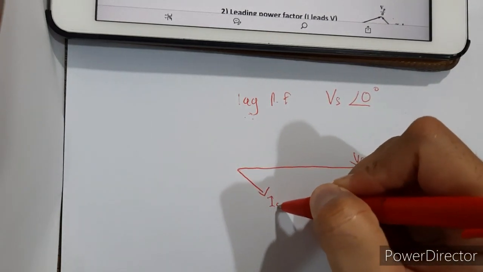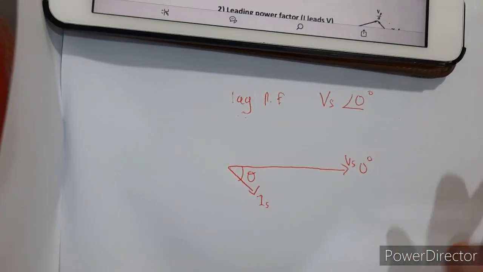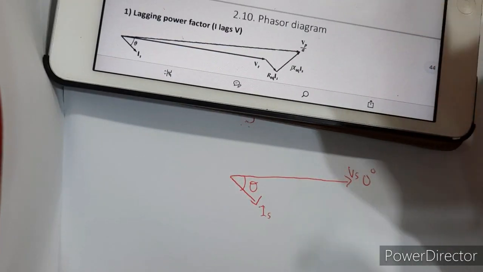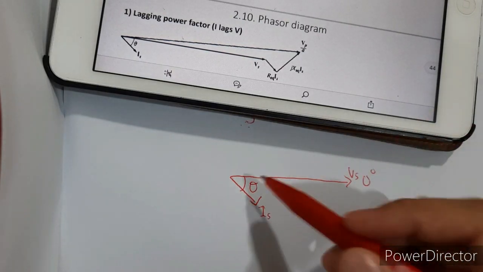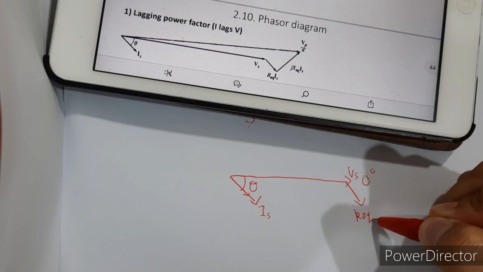This is IS, and theta is this one. And then for R equivalent, it will be parallel with IS, so this is R equivalent.